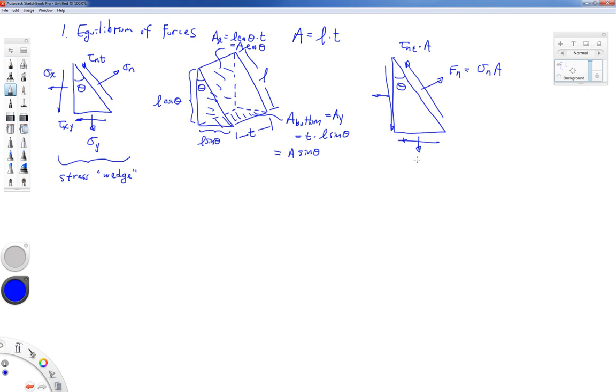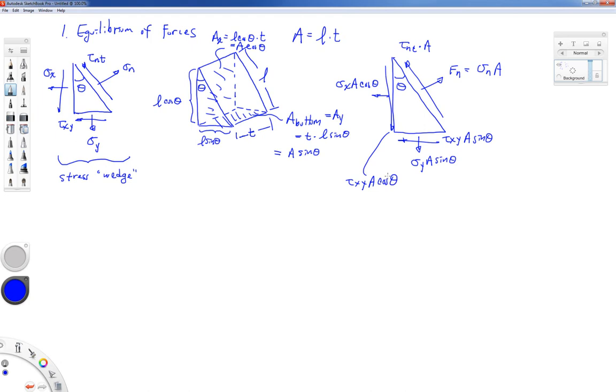So on the bottom, we have a force equal to sigma y times the area A sine theta, a shearing force equal to tau xy A sine theta, a force off in this horizontal direction that's going to be sigma x A cosine theta, and then a shearing force over here that's going to be equal to tau xy A cosine theta.